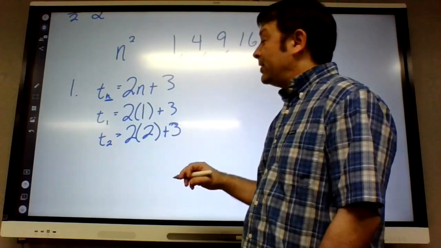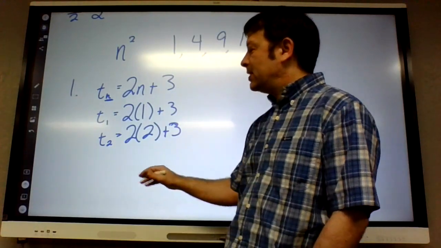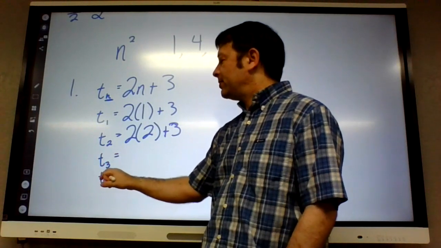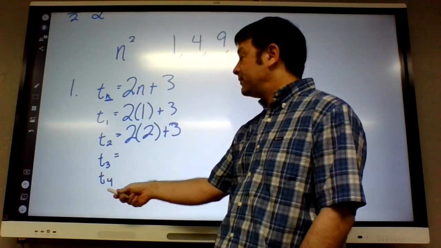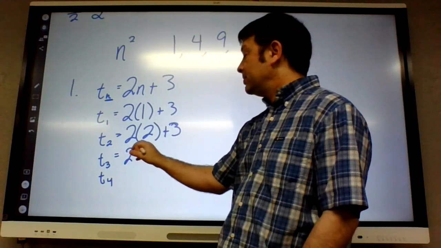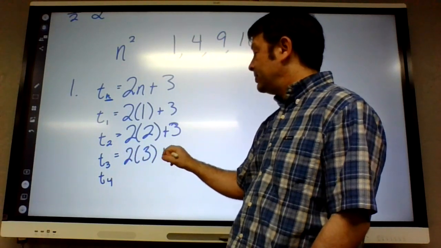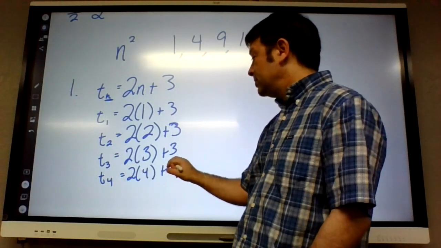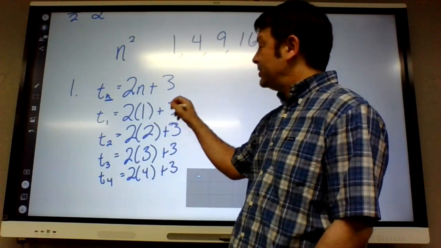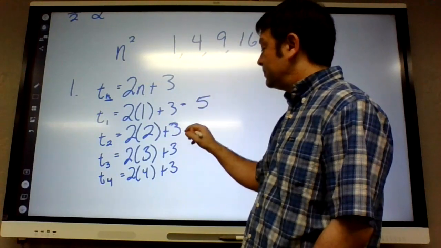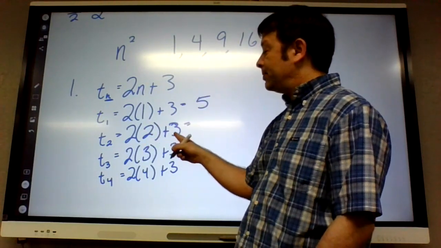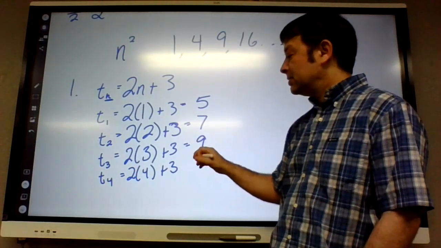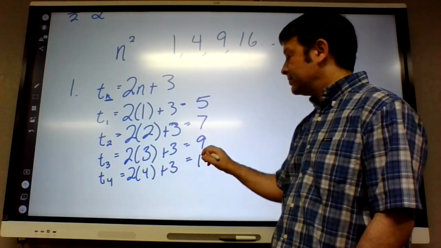Okay, and they said we need to find 4 of these. I'm not going to make you write all these t sub 3, t sub 4 stuff, but plug a 3 in, we get that. If we plug a 4 in, we get that. Okay, so the first one is 2 plus 3, 5. Second one is 4 plus 3, 6 plus 3, and 8 plus 3.